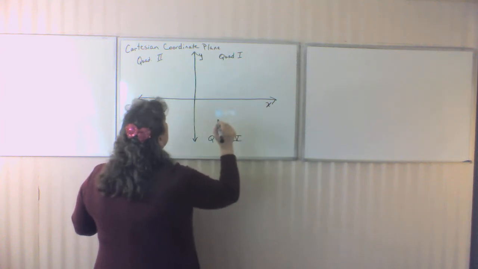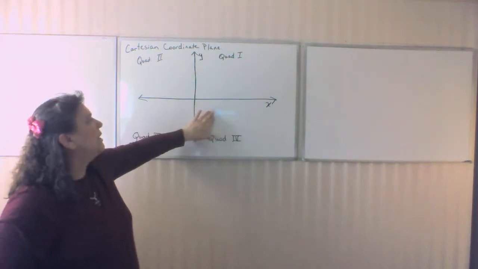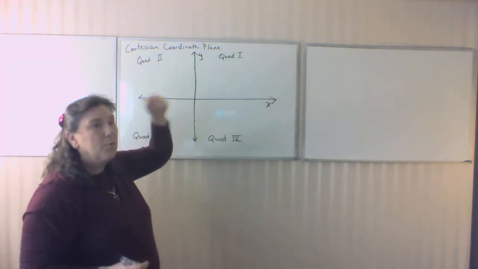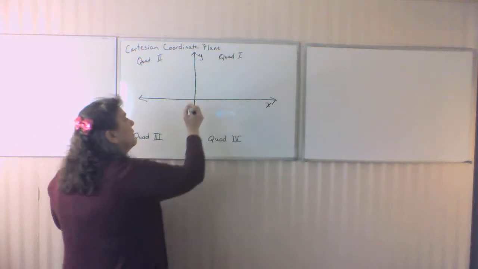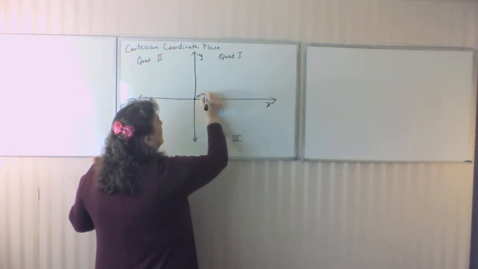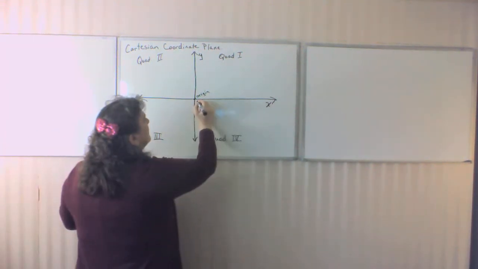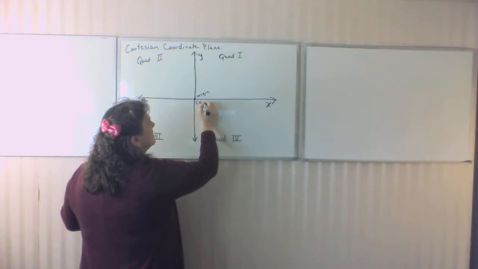And so these quadrants describe where you are in relationship to the x-axis and the y-axis. The center where these two lines intersect is called the origin. And the ordered pair that expresses that origin is the ordered pair (0, 0).